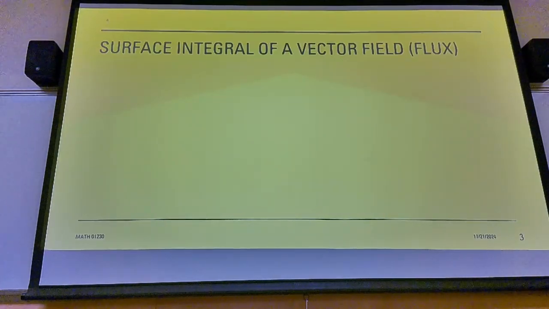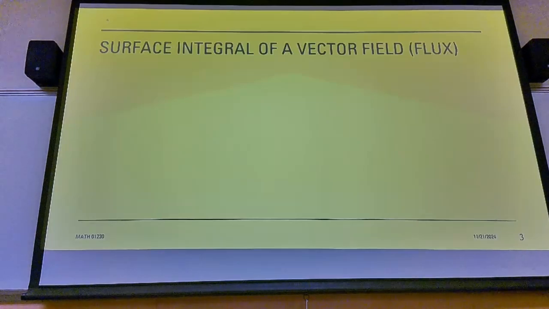Surface integral of a vector field, more commonly called flux. Flux is a flow rate. Net flow of a field through a surface. Generally speaking, it's a force field. However, you can also have velocity fields. Right, so what's the flow rate through a certain section of pipe?